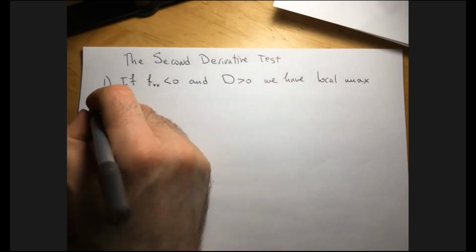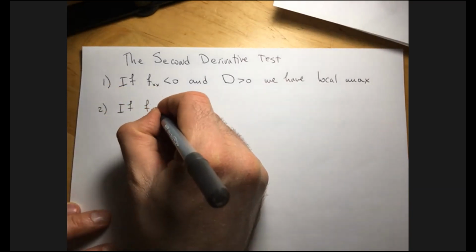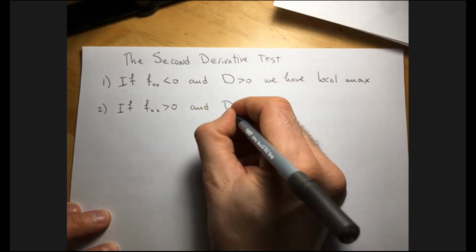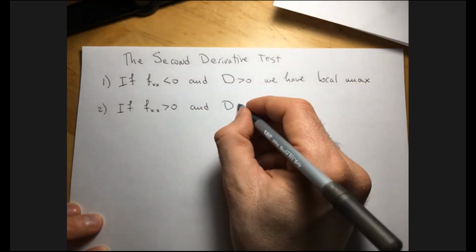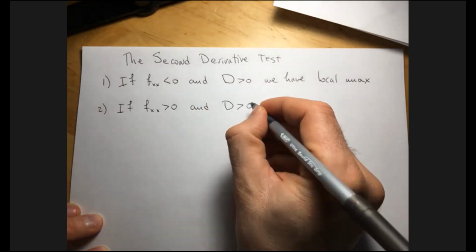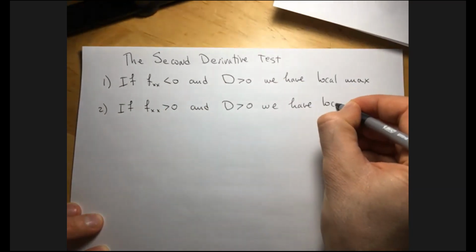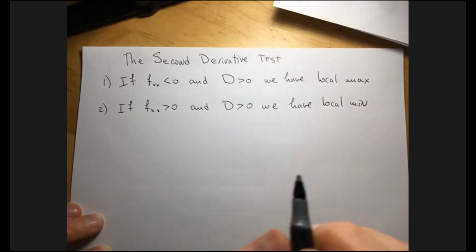Okay? 2. If the second derivative with respect to x is greater than 0, and this discriminant of the Hessian matrix that I'm about to tell you what it stands for is positive, we have a local minimum. So let's stop here just for a second.